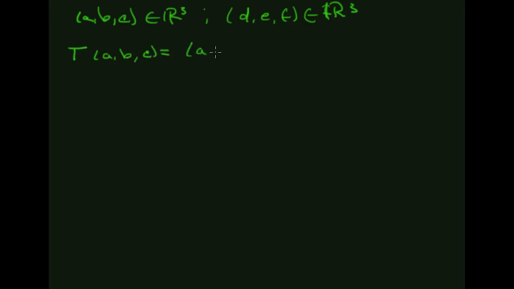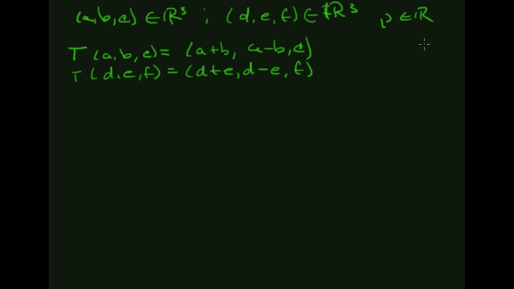If I do that with (A, B, C), I get (A plus B, A minus B, C). If I take the linear transformation of (D, E, F), I'm going to get (D plus E, D minus E, F). We're also going to need a constant, so let's call P our constant.